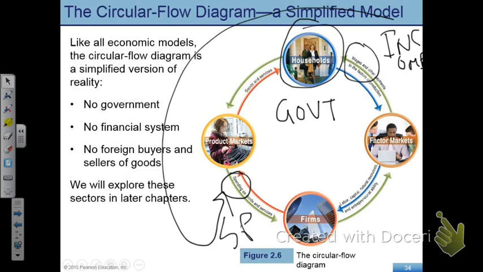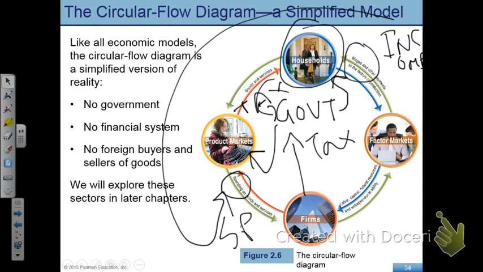Okay? If you put government inside, and you will put government inside of a more sophisticated circular flow diagram, you're going to say that this is a market where firms pay tax, households pay tax, government will also buy stuff from the product market like you and me. Government will also give stuff to households like transfer payments, like unemployment benefit.